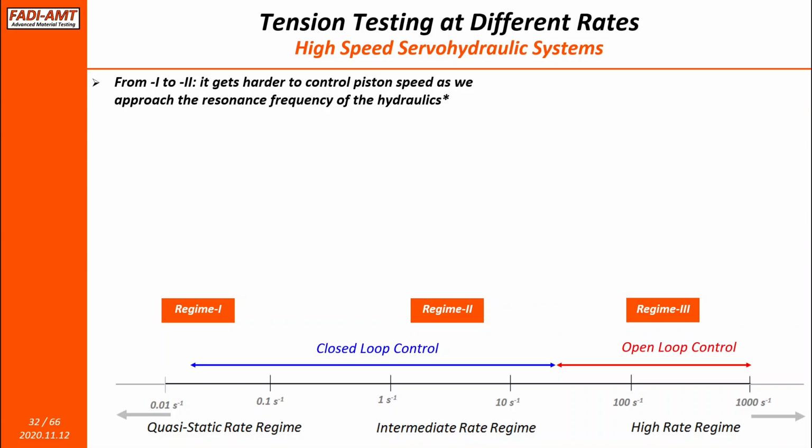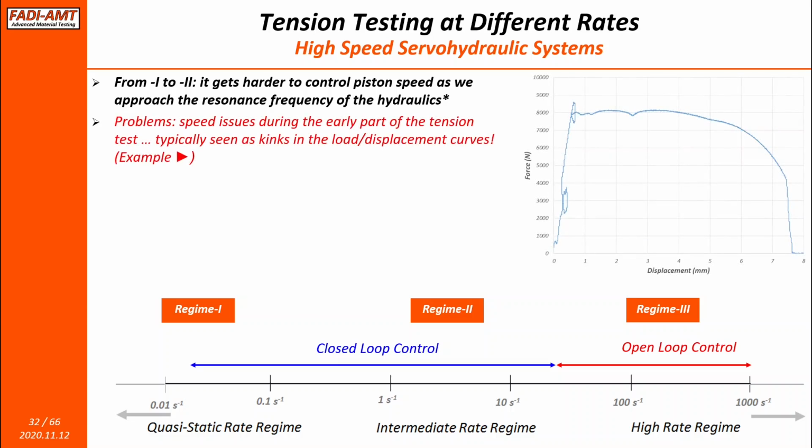Let's go to the second regime. When we enter the second regime, which is basically the intermediate strain rate, we see a couple of issues. The first one is something you will encounter regardless of what your system is. It depends from system to system and from material to material. This is a problem you encounter because the speed of the piston gets to a certain point.